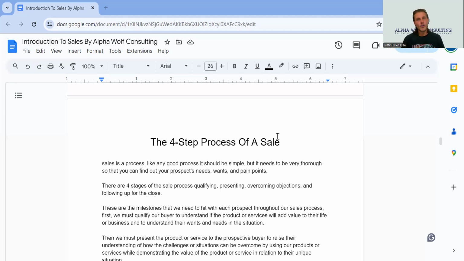And as they create objections, we're filling it out step by step, so that every time they create an objection, we are presenting more information that overcomes those objections. And then we ask for the order, and then they might come up with another objection. So we're overcoming that objection.